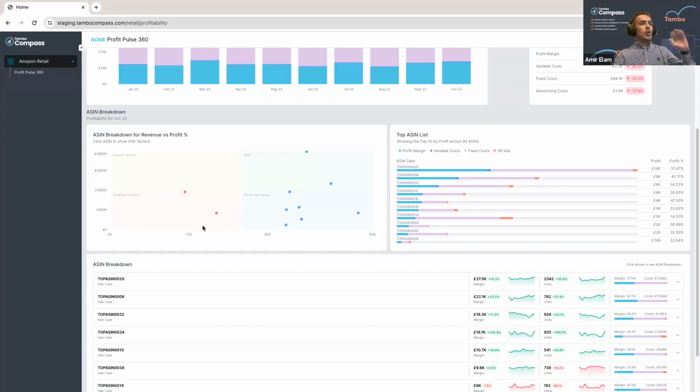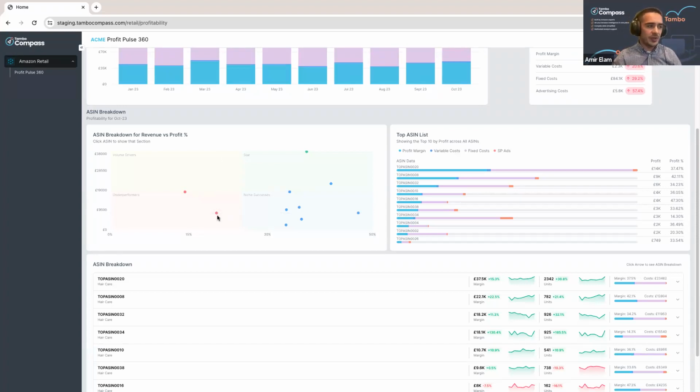So all the products that, I'll just hover over these, so I can see that the profit margin for this is 20%, and that in terms of revenue it generated just under £8,000. Compared to the whole catalog, this is way lower. So then immediately you can see the products that are not performing as well compared to the others within your catalog mix.